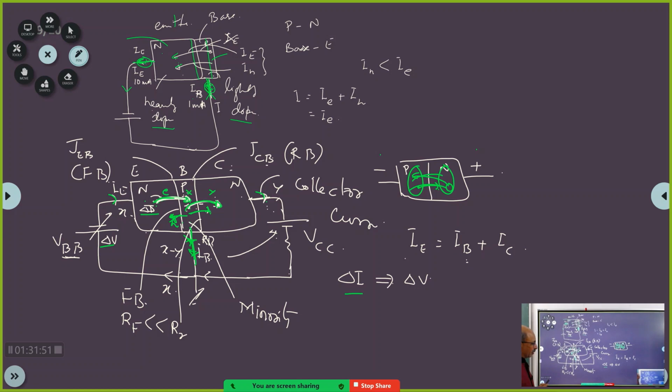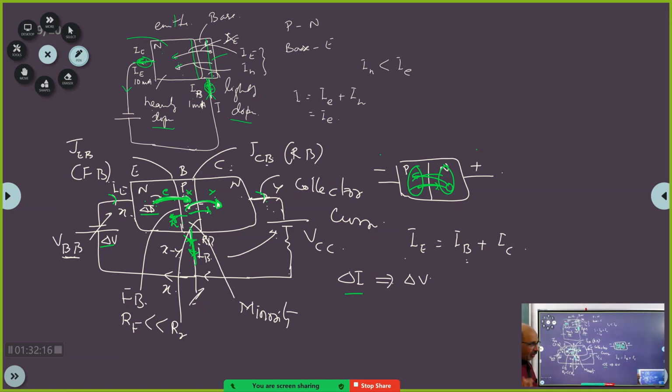If it experiences a large resistance over there, why should it? That is the beauty. That is what is transfer of resistance. I'll tell you, don't worry. A large percentage of this current will travel to the collector.